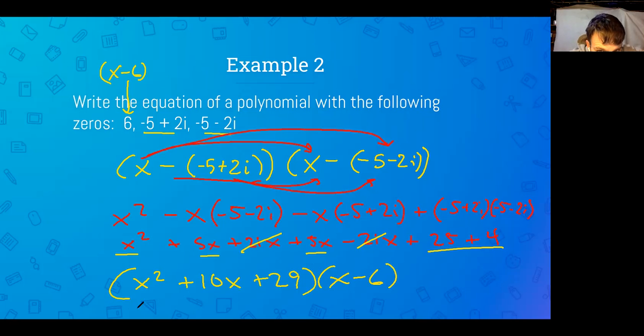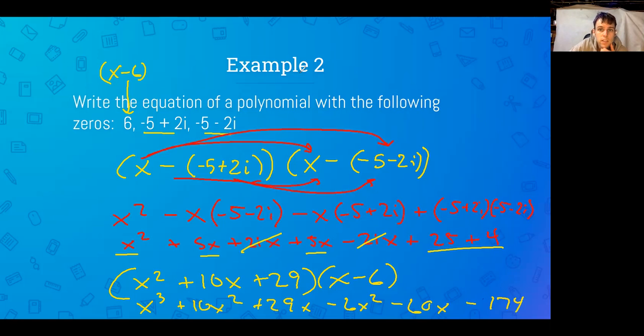That's x cubed plus 10x squared plus 29x minus 6x squared minus 60x. 6 times 29, 6 times 30 is 180, so 6 times 29 is 174.